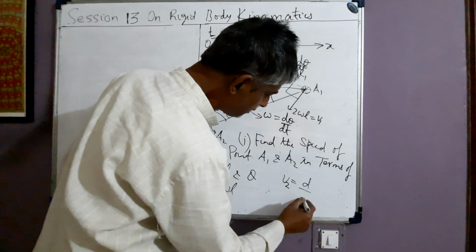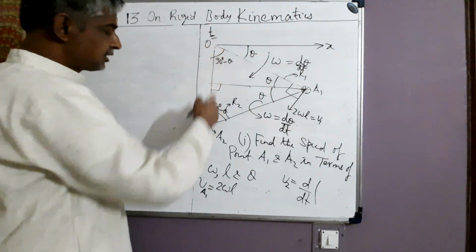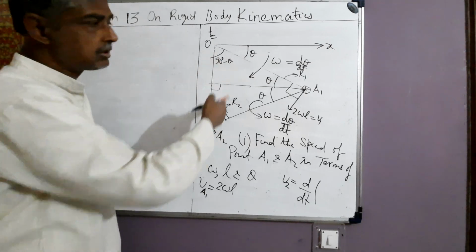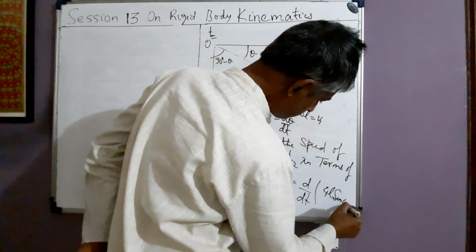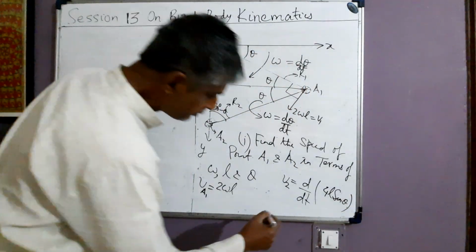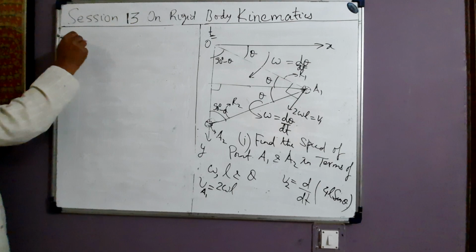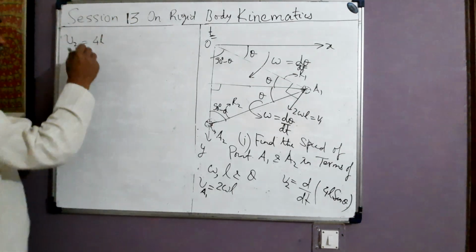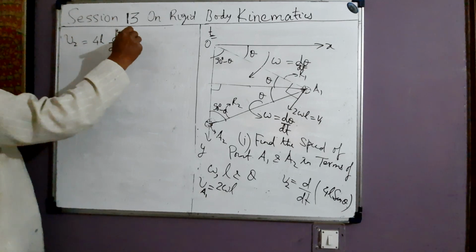That is just equal to d by dt of this distance, which as I discussed just now is 4L sine theta. So 4L comes outside. V2 is equal to 4L into d by dt of sine theta.